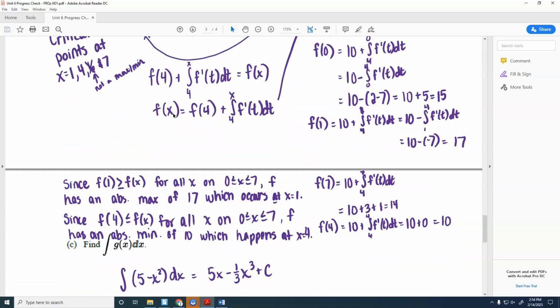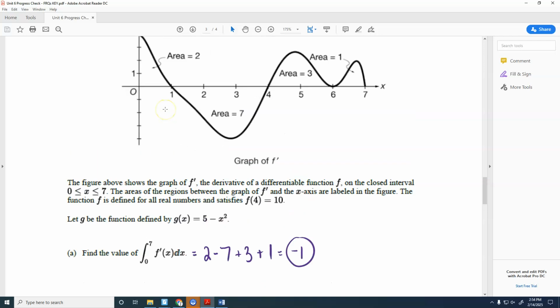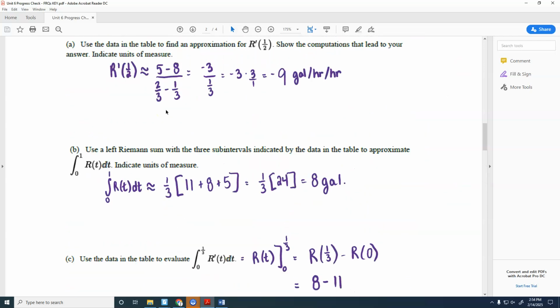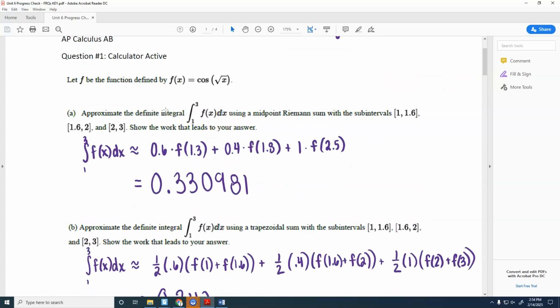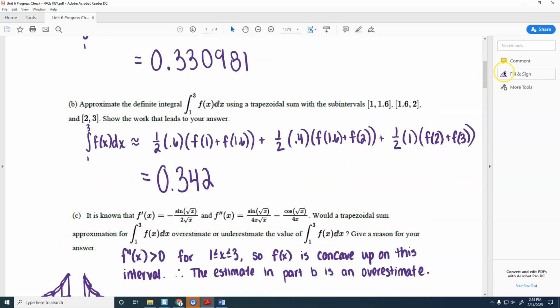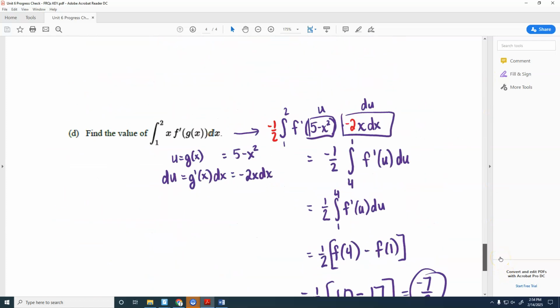Okay, let's keep going. Which one do you guys want? I'm thinking number 1. The last one is hard. Which one do you think is hard? I do not think the third one is necessarily that difficult.